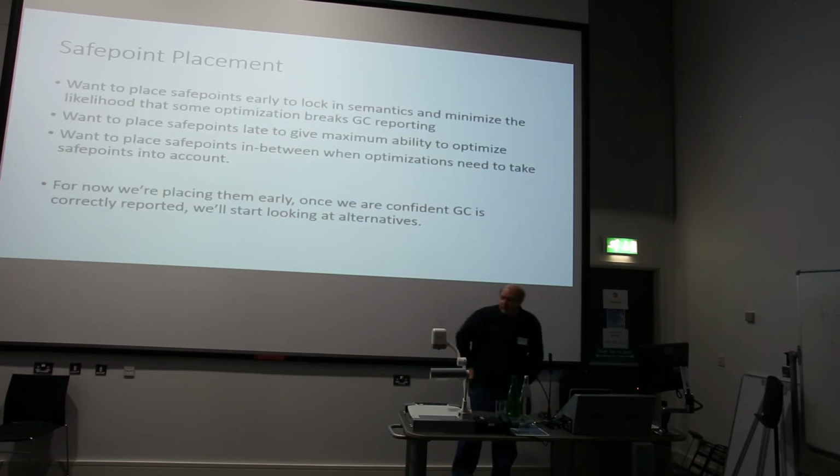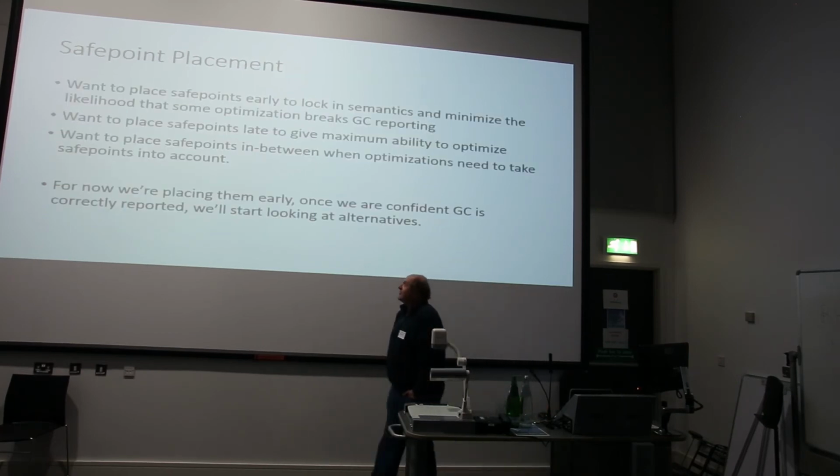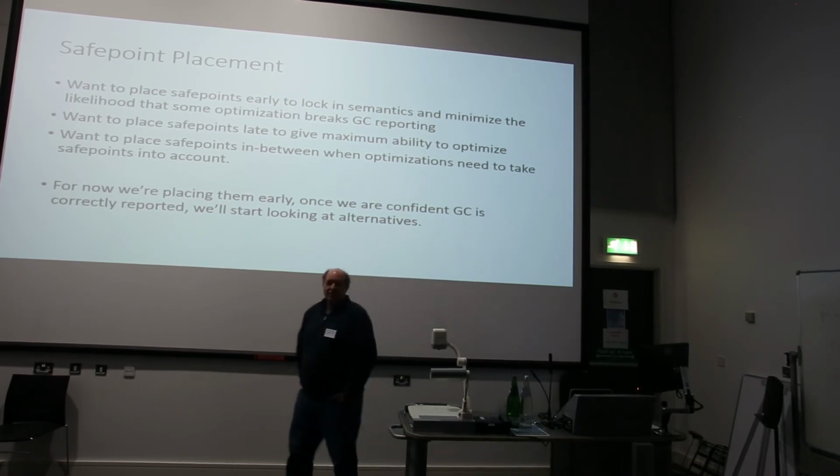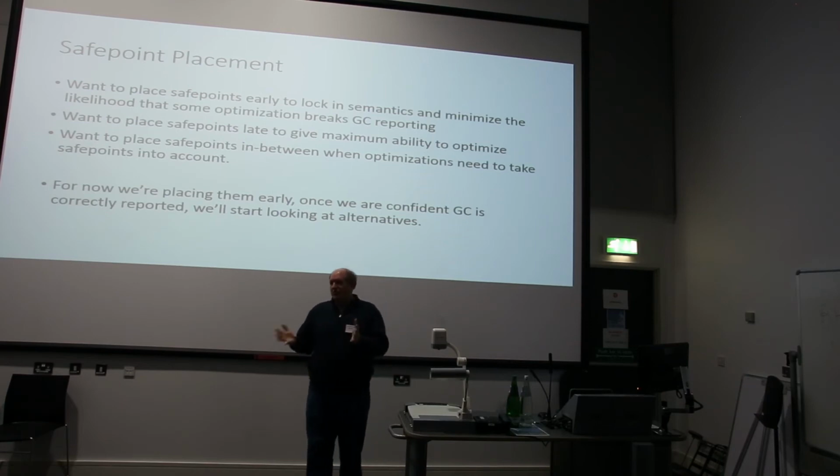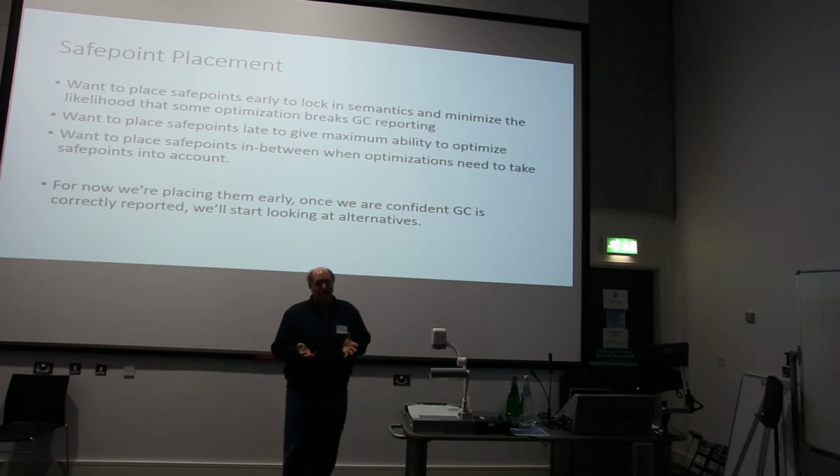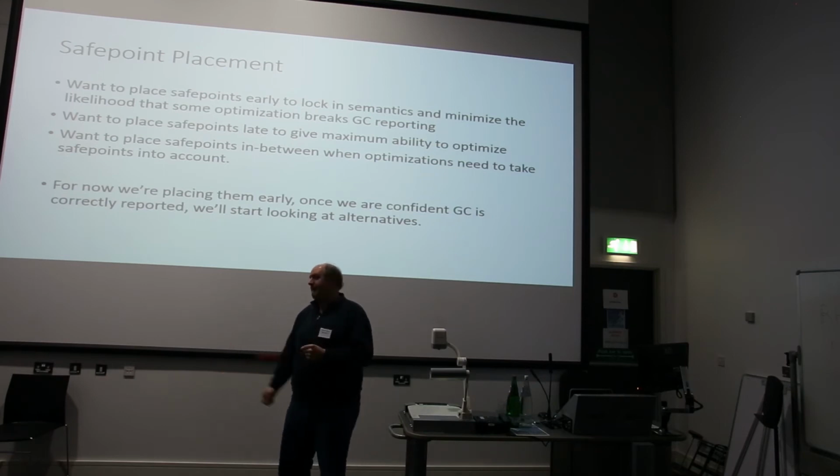So for safe points, this is one of these classic things in a compiler where there's no good answer, and you just decide which answer is sort of least bad for you. If you put them in early, then you feel pretty good about yourself because you're sort of locking in the complicated semantics of GC. Hopefully downstream things have less opportunity to kind of mess with you and screw it up. On the other hand, it inhibits a bunch of optimizations that are actually perfectly fine, so you'd actually like to put them late to allow those optimizations to happen.